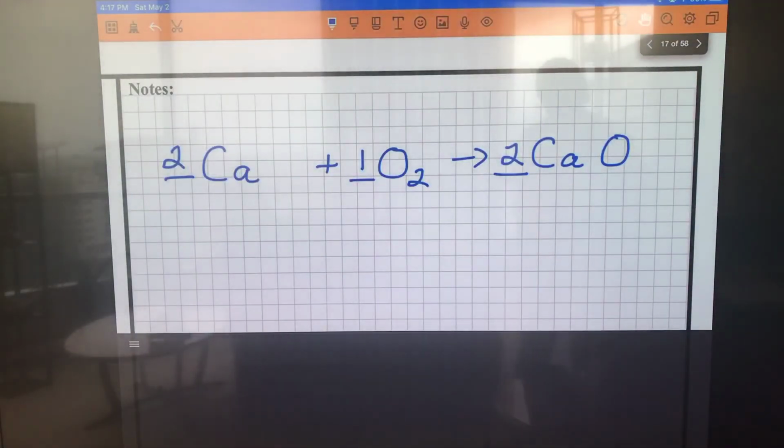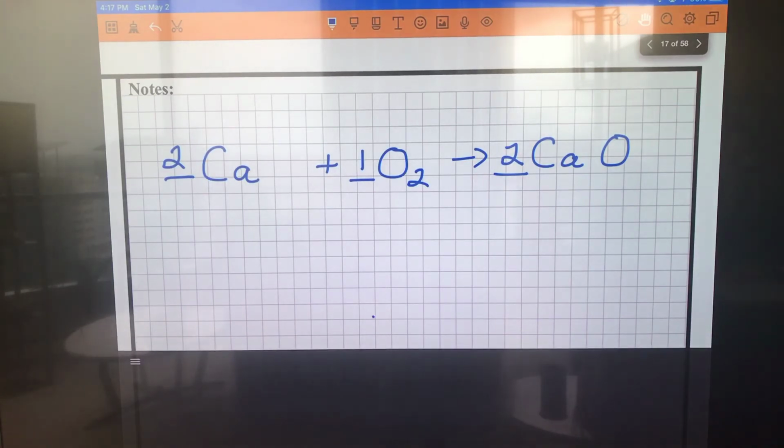All right, so what it said was step number 6, draw lines. What I mean by draw lines is I want a line above each one of those numbers, just 1. Then I want 2 lines underneath. The one on top, always label as moles.